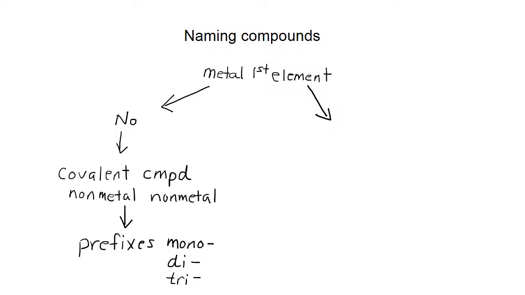If there's a metal present for the first element, yes, then you know you're dealing with an ionic compound. With an ionic compound, it's not as straightforward as covalent, because you have to look at what group the metal belongs to.